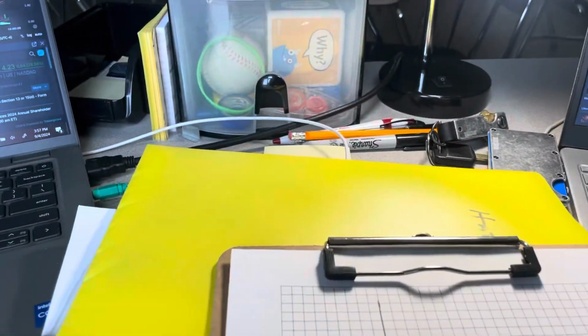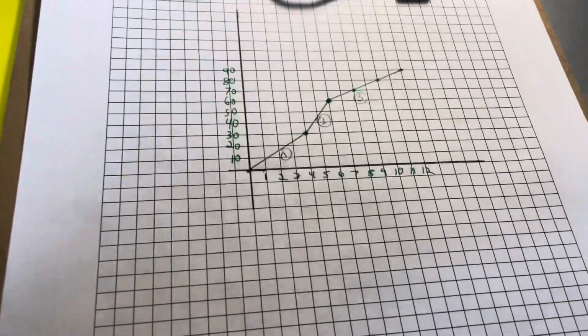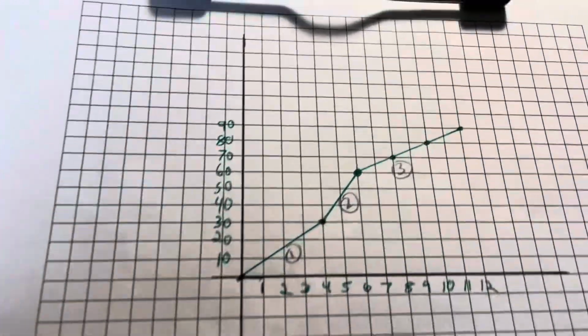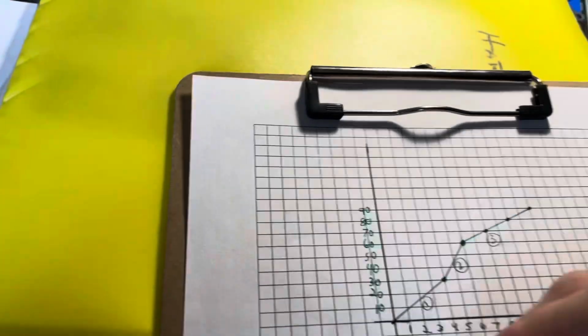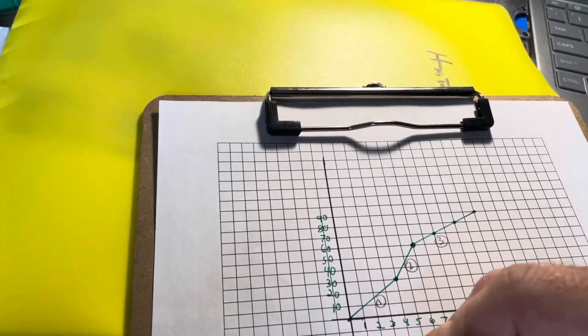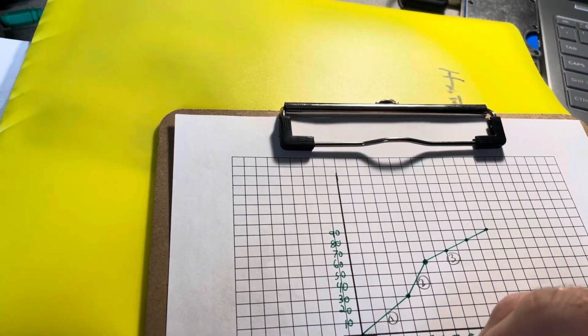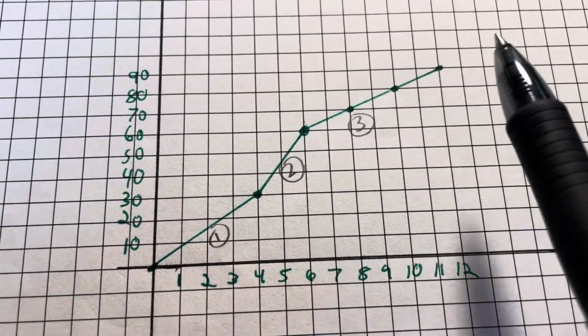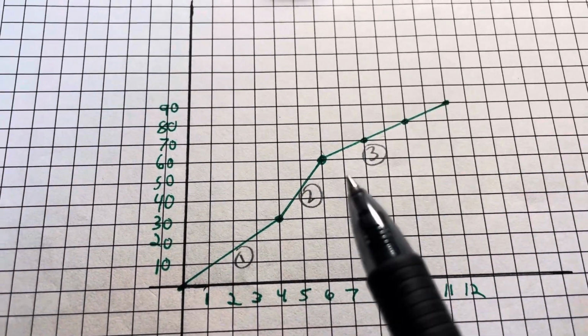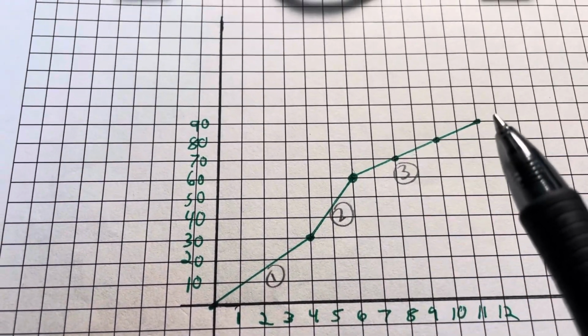So then I go to line number 3. Line number 3 here is up here. Again, I do not have my y-intercept because this line goes all the way across here forever, but I'm cutting it into a piece here and here.